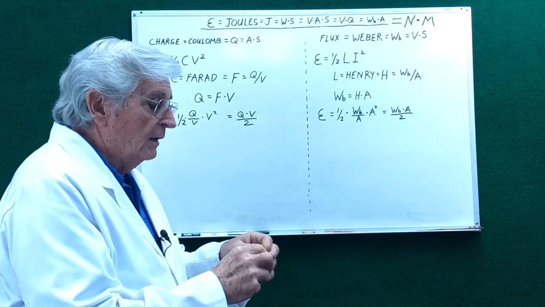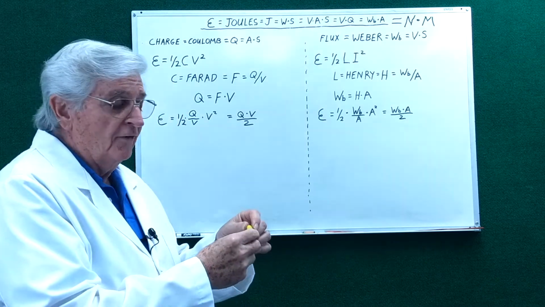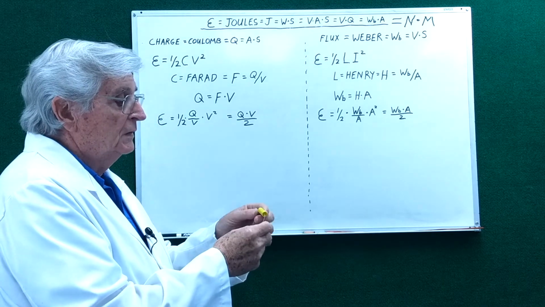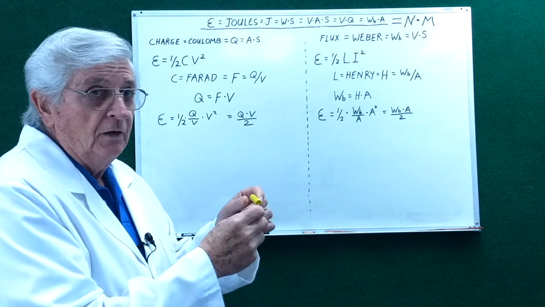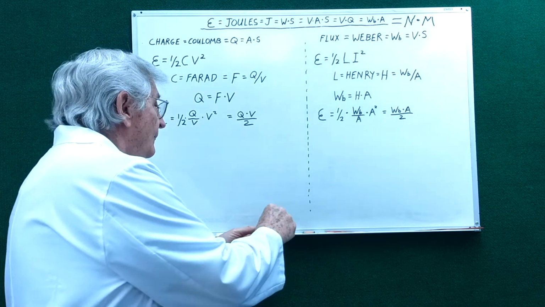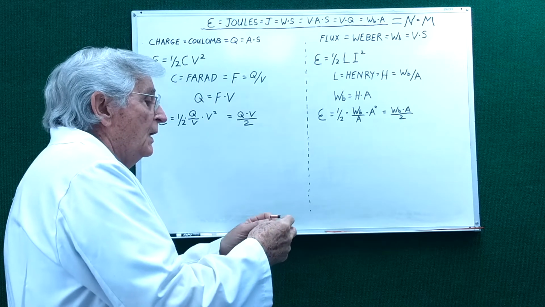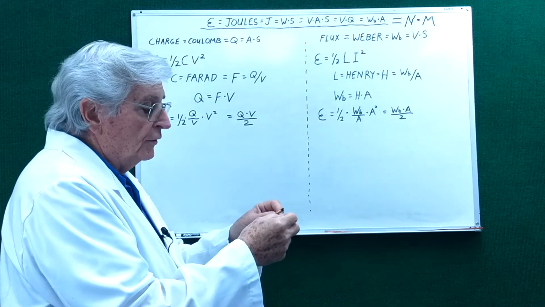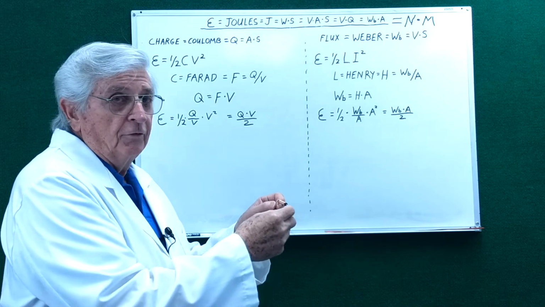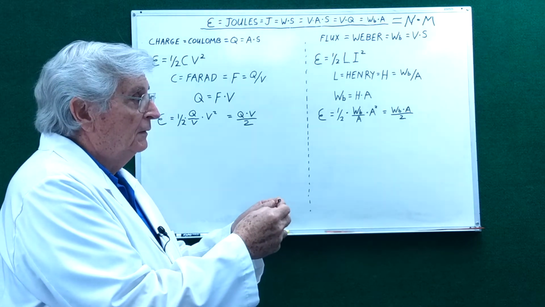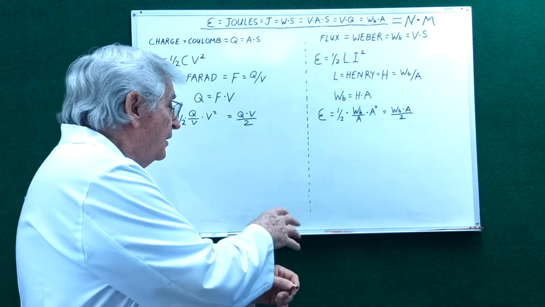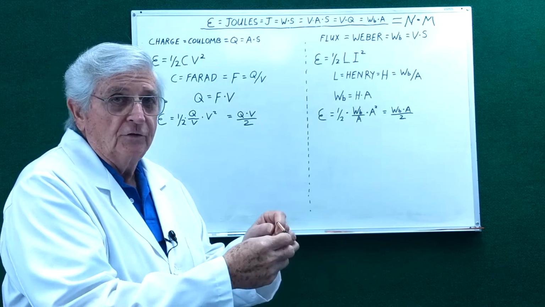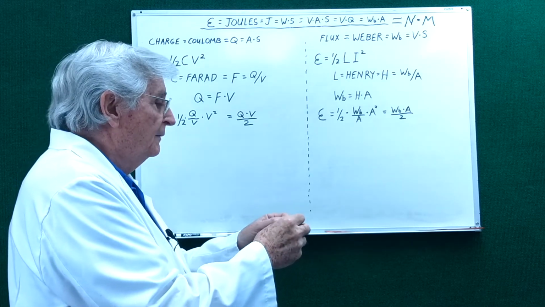This is a 0.5 microfarad capacitor that's good for 400 volts. So that's capacitance as a component. Here's a 100 microhenry inductor that's good for 4 amperes. So we see capacitors are generally rated in volts, inductors are generally rated in current.